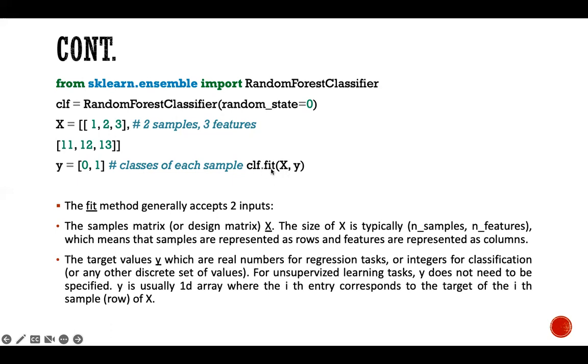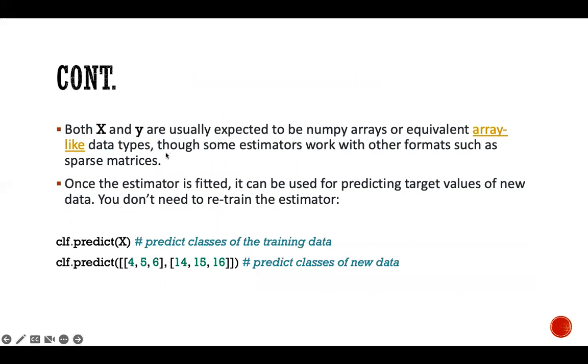And this fit method is accessed with reference to a particular classifier, in this case the random forest classifier, which is represented by the clf variable. So clf is representing the random forest classifier here. This is what I have already told you.